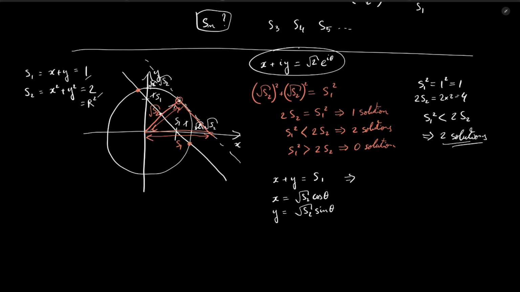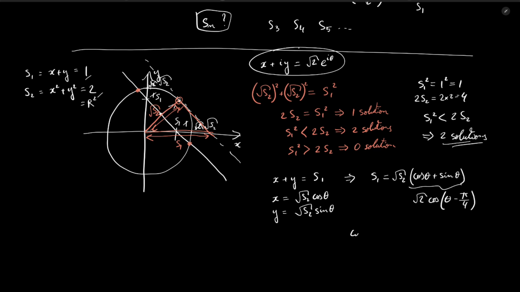So we can write that S1 is equal to the square root of S2 multiplied by cosine theta plus sine theta. And if you check your trig formulas, you know that this is equal to the square root of 2S2 times cosine of theta minus pi over 4.